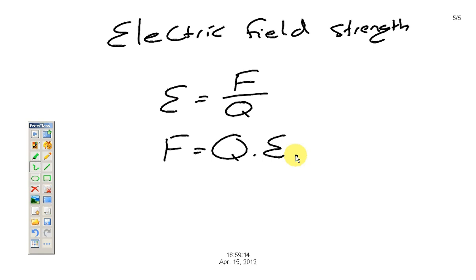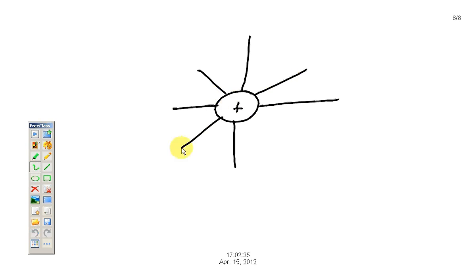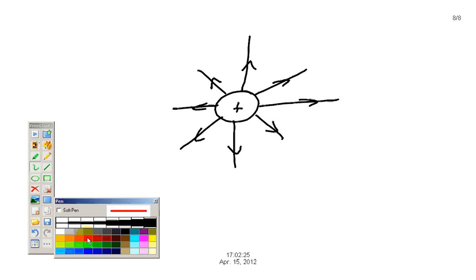Now, if you understand point charges, I'm going to draw one for you. Here's a point charge, and let's make this a positive charge, and the field runs away like that. So let's take 2 points. The first point is in red over here, and the second point is blue, further away over here.